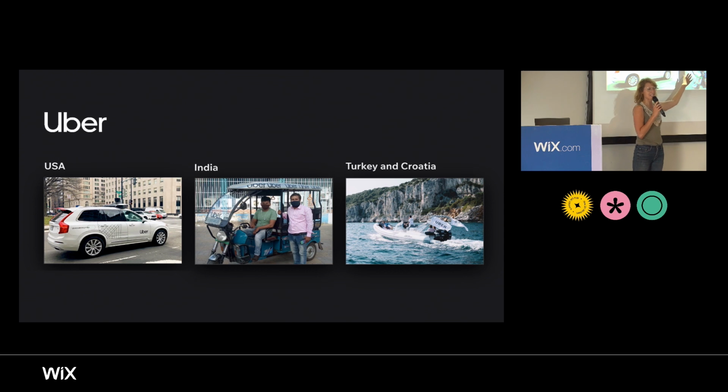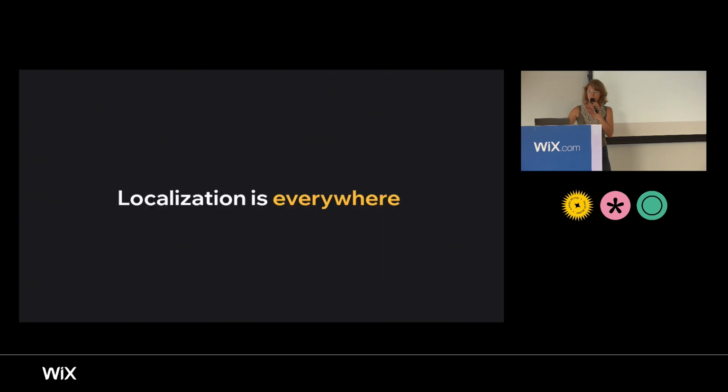But in India, they understood that it's important to penetrate the transportation industry with the rickshaw. And in Turkey and Croatia, where you have way more waterways, they actually have you Ubering boats. Also in London, by the way. So you can see how Uber took a really smart approach to localizing. So localization is everywhere.